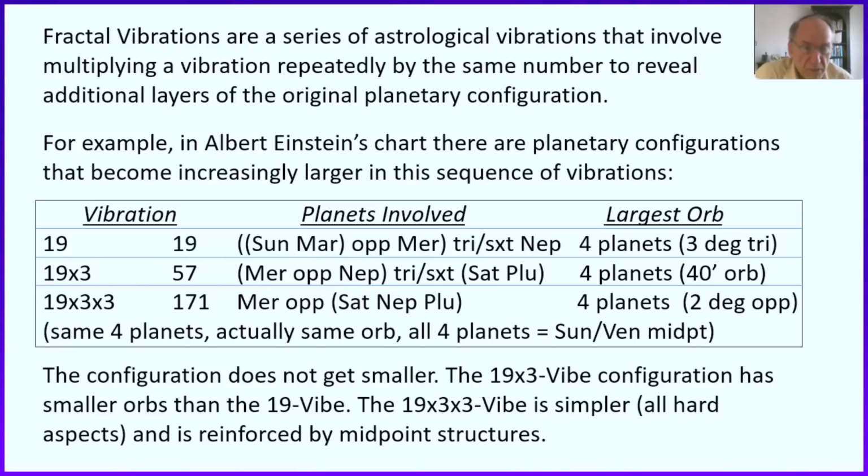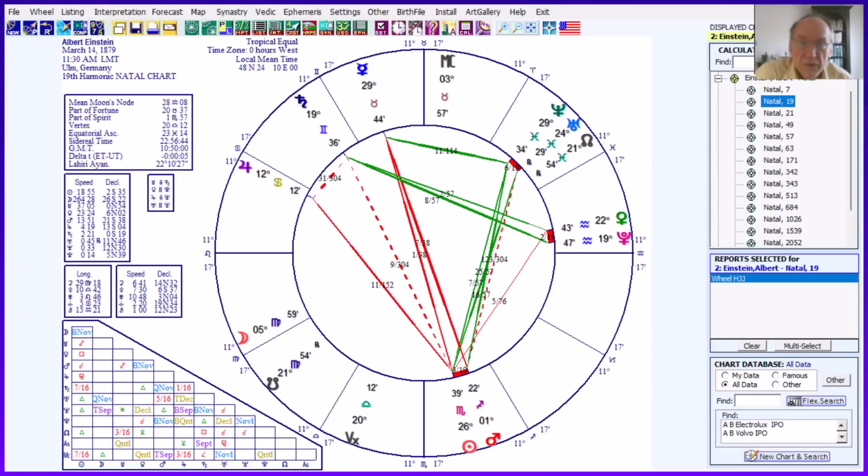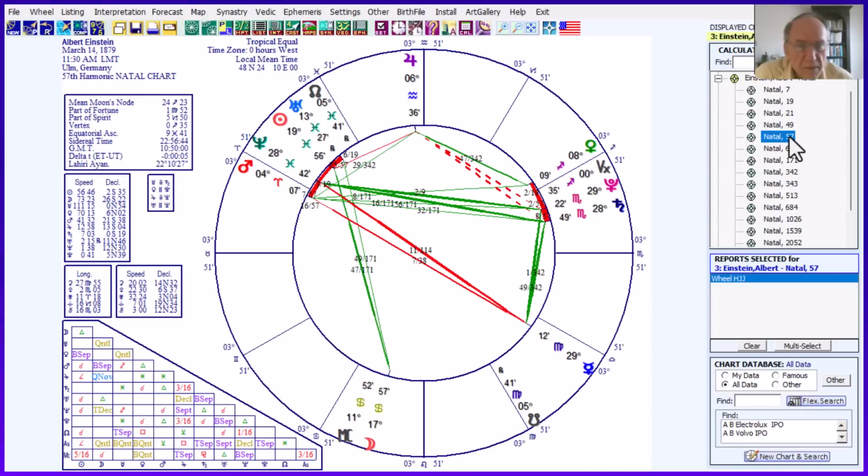Going back to the Sirius software, there's the 19 vibe with the Sun, Mars, Mercury, Neptune. It has different colors. It has the hard aspects in red, the soft aspects in green. When we multiply by 3, and we get to 57, now remember, it's Sun, Mercury, Mars, Neptune.